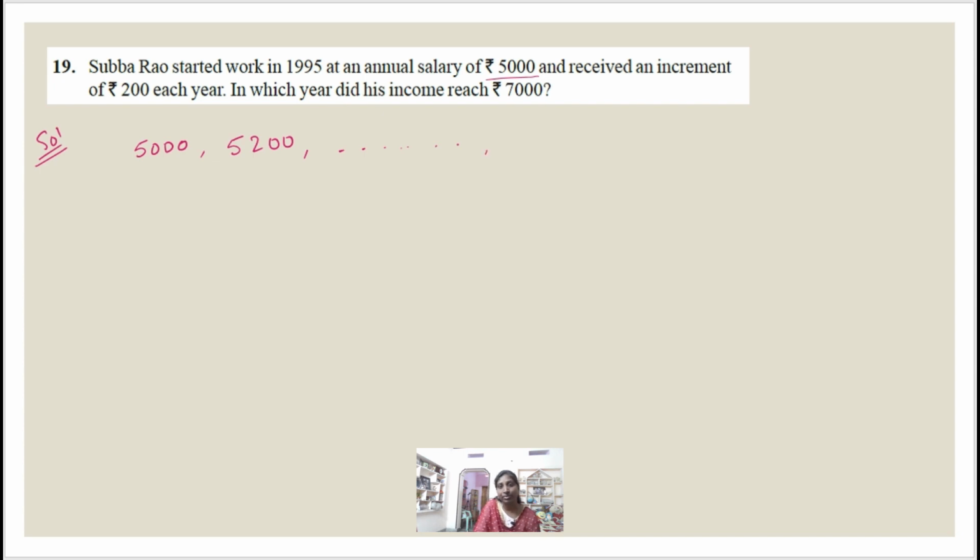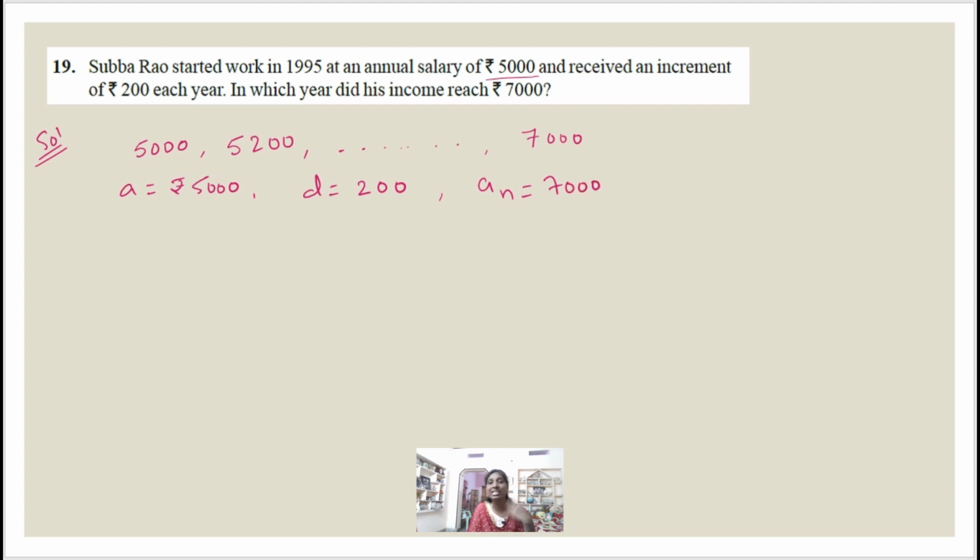So here the question is, in which year did his income reach 7,000? Suppose 7,000 he will get somewhere. So which year will he get 7,000 rupees? This is the question. So here we have A is equal to rupees 5,000, D is equal to 200. So let us assume that AN, the nth term, is 7,000.